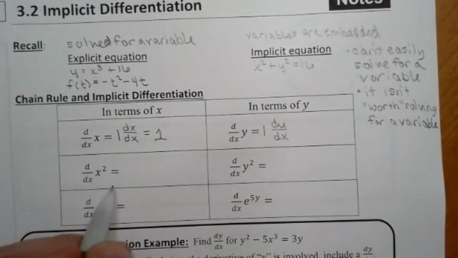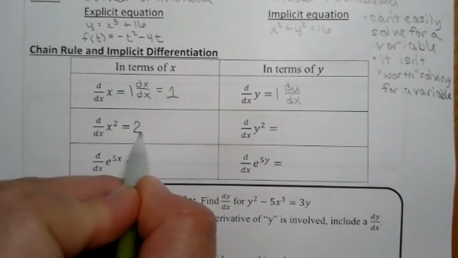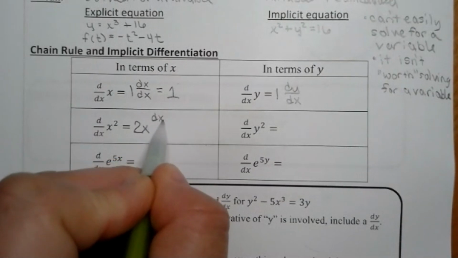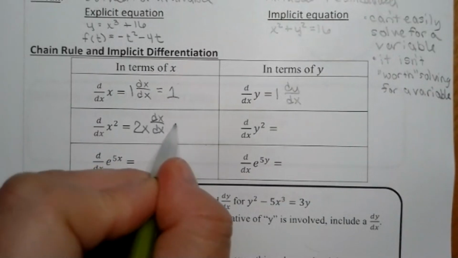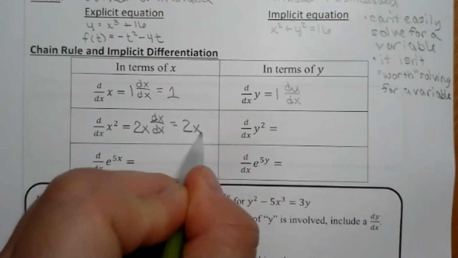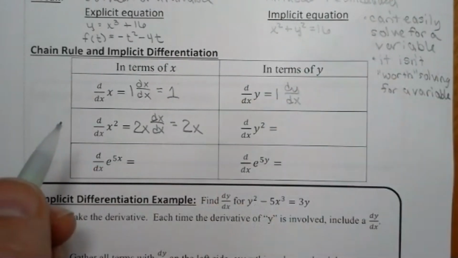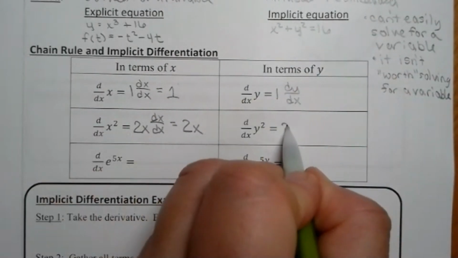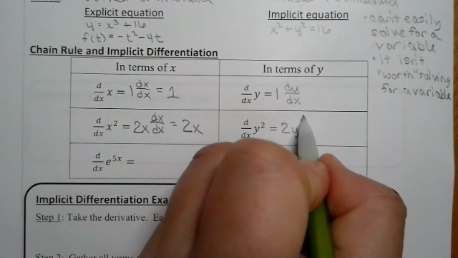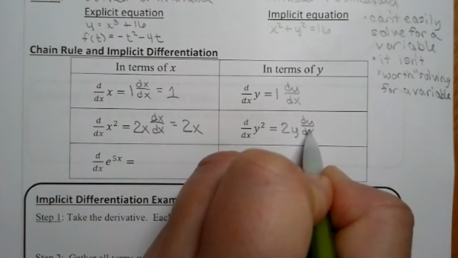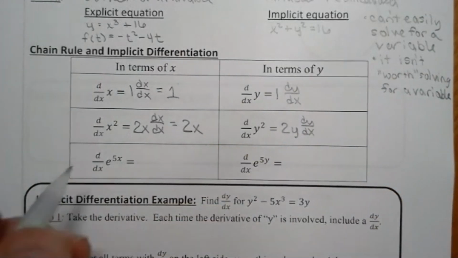Same thing here. The derivative of x squared is 2x dx/dx, but we don't write the dx/dx because it's just 1. But the derivative of y squared with respect to x is 2y dy/dx, and we do have to keep that.